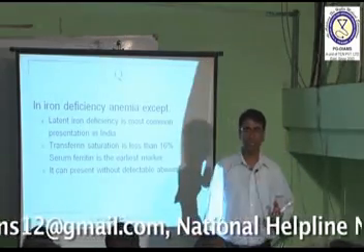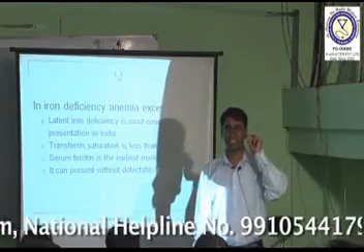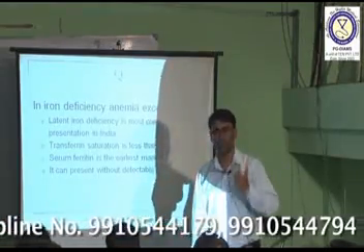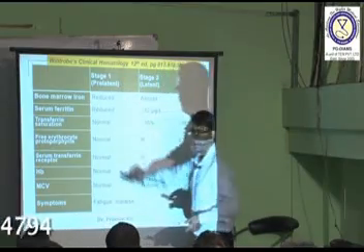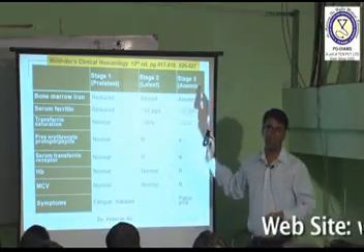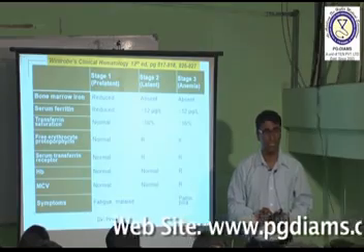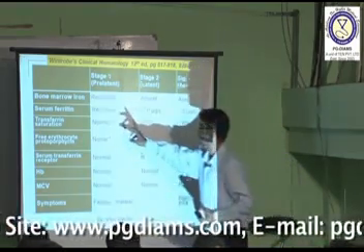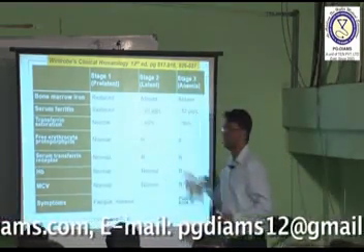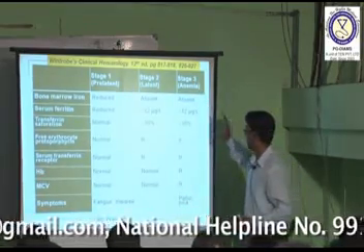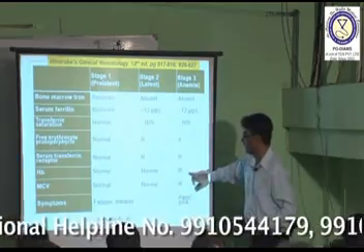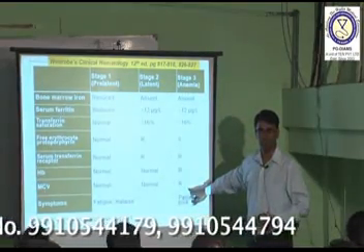I know many of you would be just thinking about transferrin receptors. I don't know why. I told you very clearly, this is the table direct from Harrison's, from which the question has been taken. Now, iron deficiency anemia presents in 3 stages: pre-latent, latent, and anemia. If you see very carefully, the important differences are, in the anemia stage, hemoglobin and MCV are reduced.